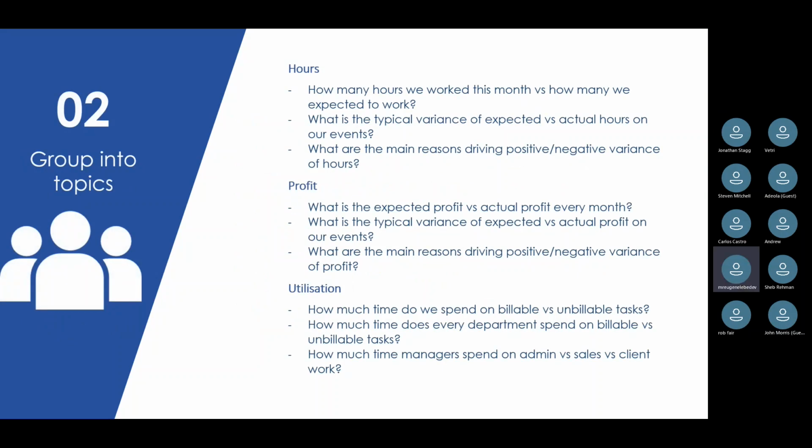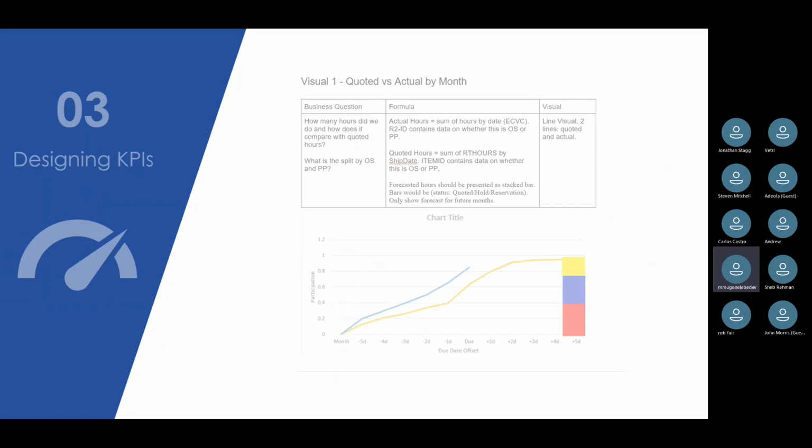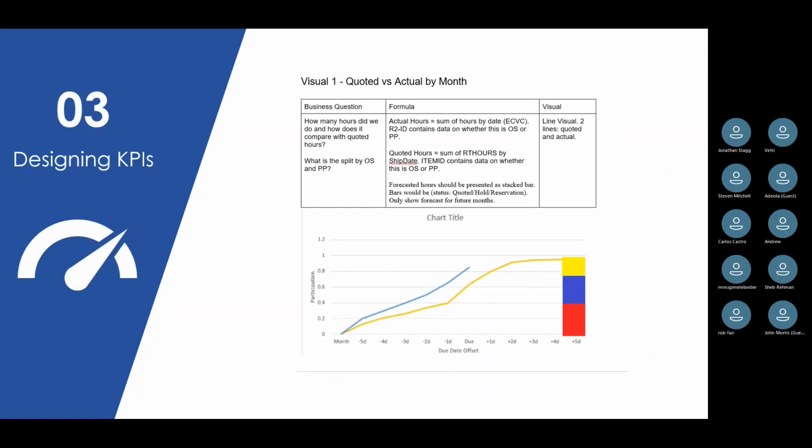And this would form the foundation for my Power BI report. So I'd have a page to analyze hours, a page to analyze profit, a page to analyze utilization. So as step three, I would take each individual question from here, and I would start planning what data can I use to answer this question, what visual I would use.